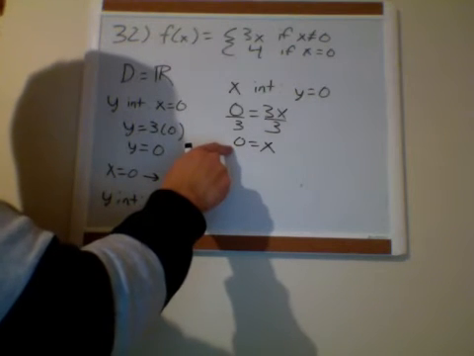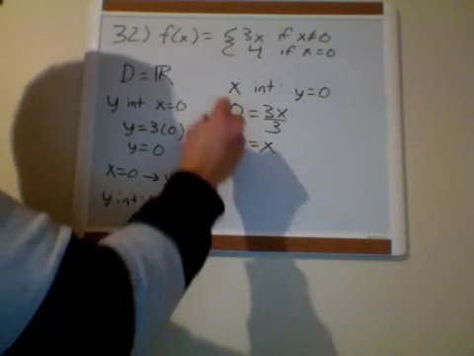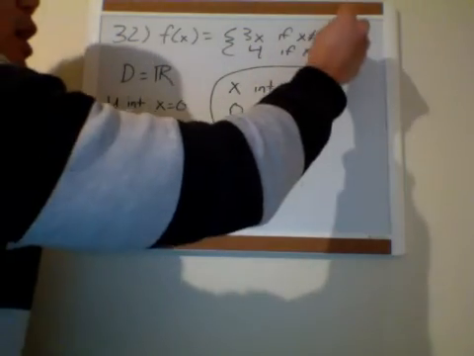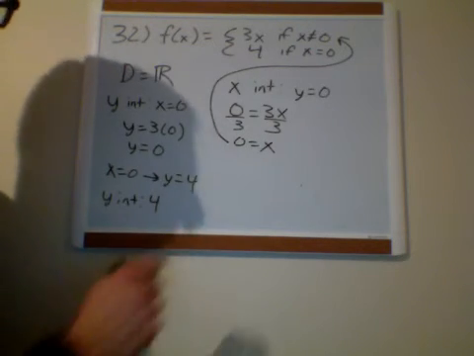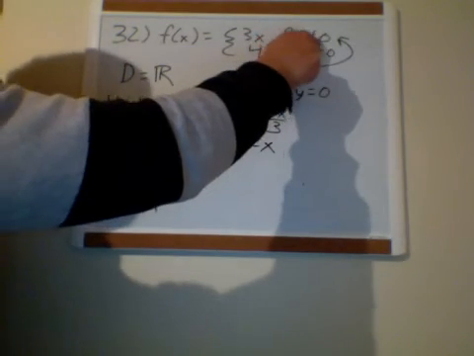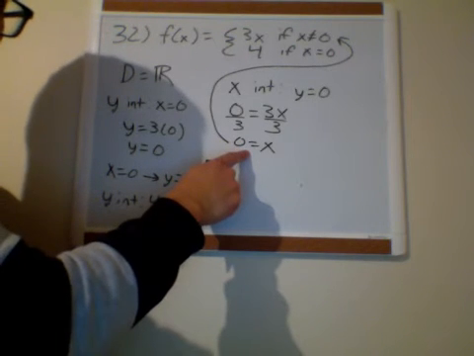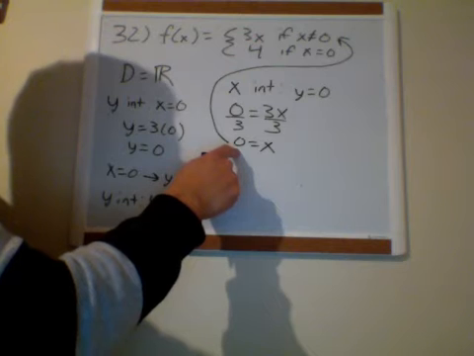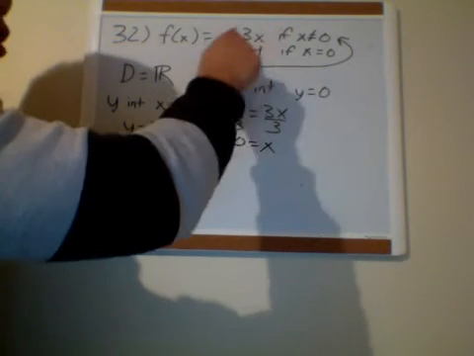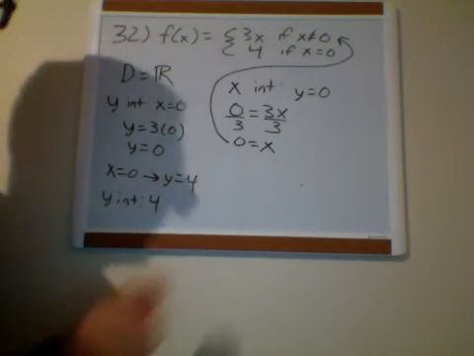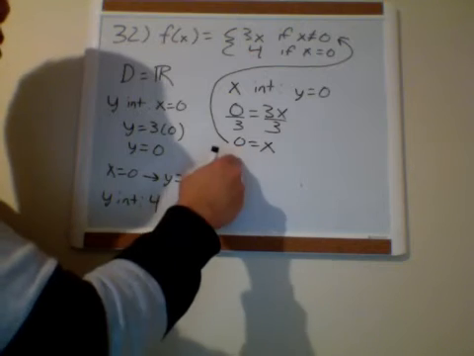Now, however, if I look here, x is equal to 0, I have to go and check back at the restrictions. It says here x cannot equal 0. So at x equals 0, I'm not going to have a value, since for 3x, x cannot equal 0. So when I arrive at x equals 0, I know this cannot be an x-intercept.